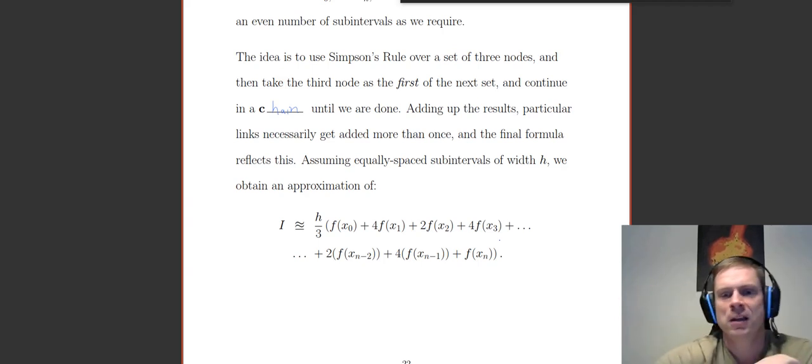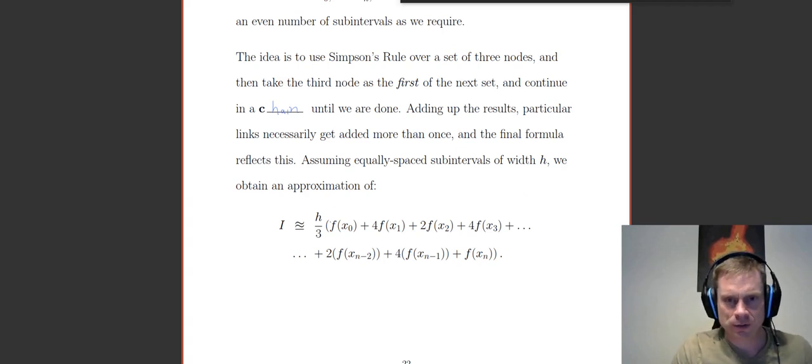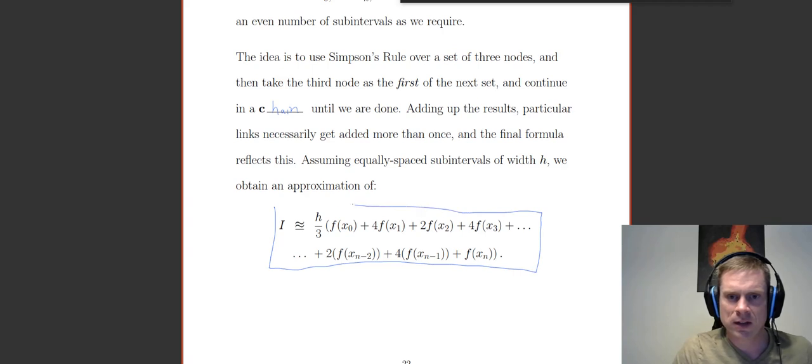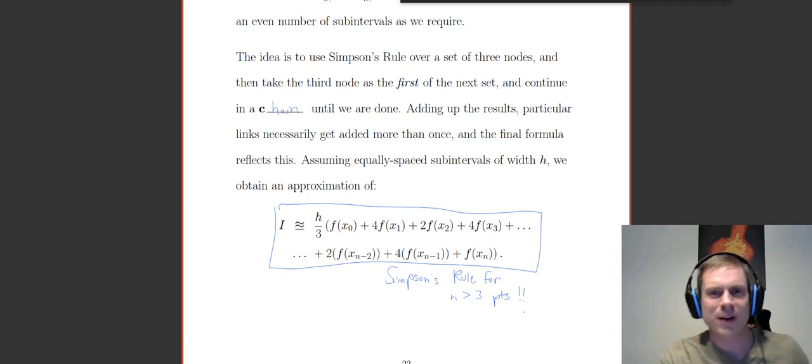So we're going to take that. I'm going to put a box around this and say, this is Simpson's rule for n greater than 3 points. And you should know how to use that too.